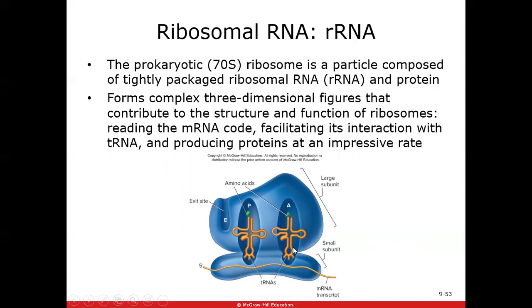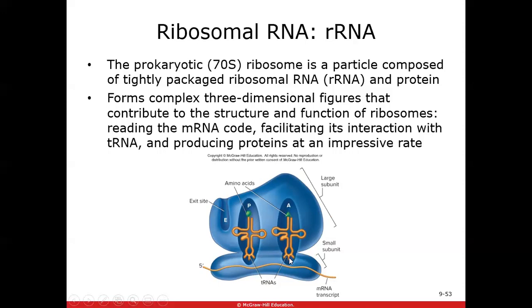Then a transfer RNA will come and have a triplet of nucleotide bases that will correspond to a triplet codon on the messenger RNA. This triplet nucleotide base is called the anticodon on the transfer RNA.